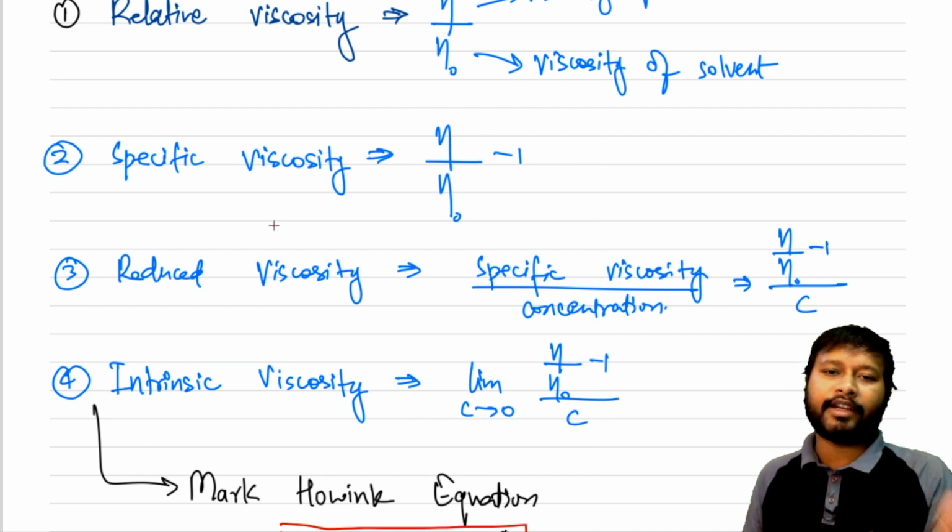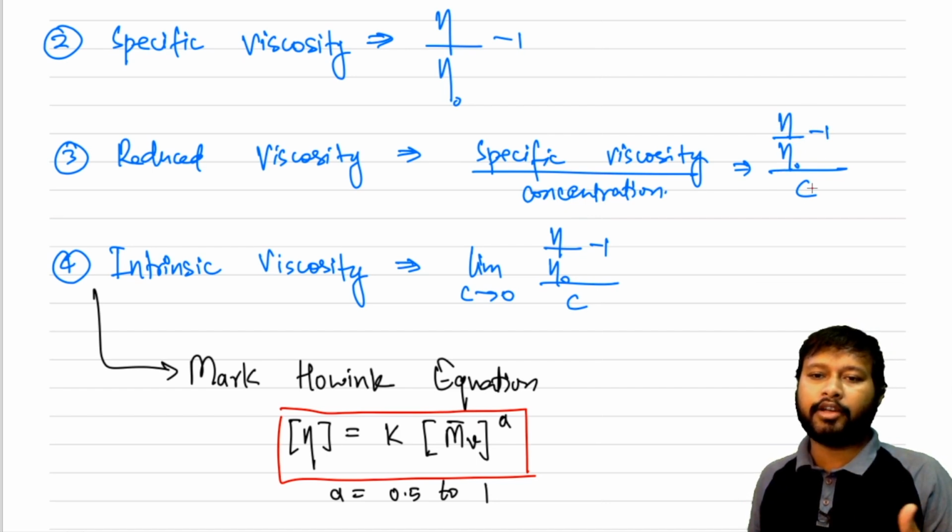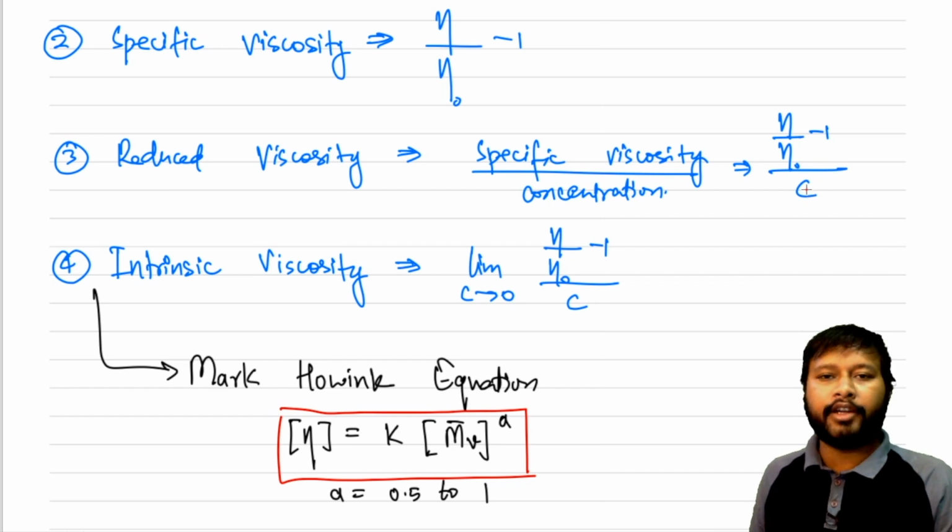If you subtract 1, that gives you the specific viscosity of the polymer. The next is reduced viscosity. When you divide specific viscosity by the concentration, you get the reduced viscosity. You can see (eta upon eta naught minus 1) divided by C gives you the reduced viscosity.